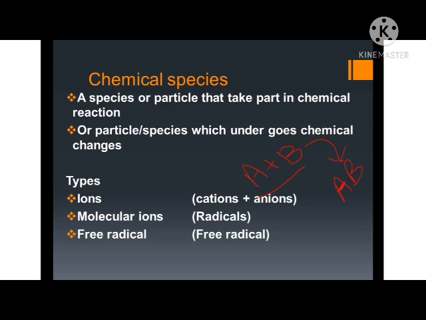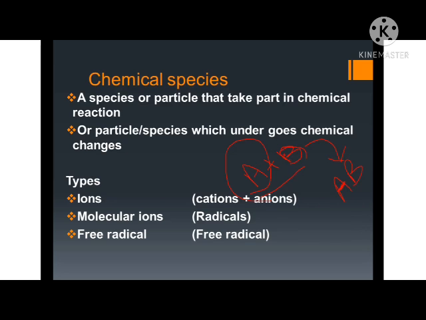So we will call this A and this B chemical species because they take part in this chemical reaction.